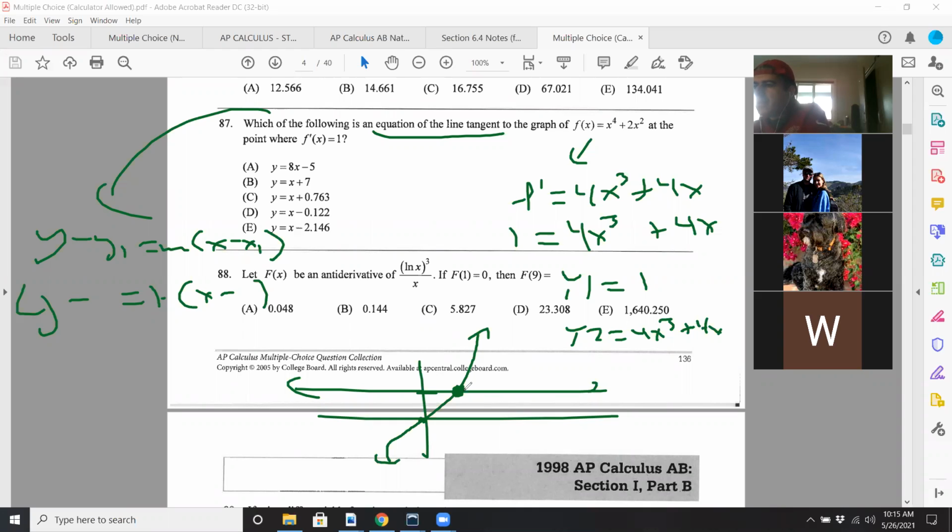Desmos. y equals 1, y equals 4x cubed plus 4x. Yeah, it looks like they intersect at 0.237. And I've got to now do f of 0.237.